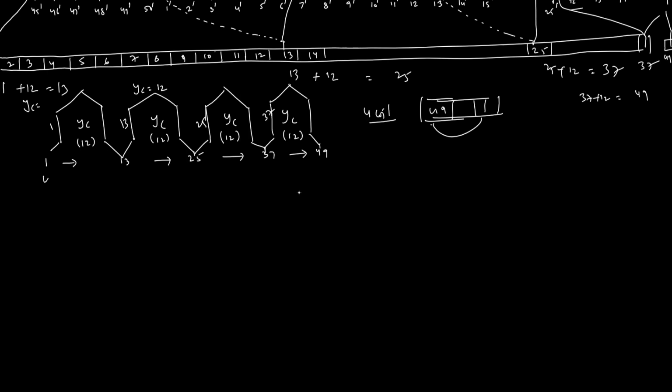Now we will start from 49, then 49 plus 12, 49 plus 12 minus 50. So it comes to 11, just 2 less than this one. Let us do 49 plus 12. So it is 61, 61 minus 50, it is 11.